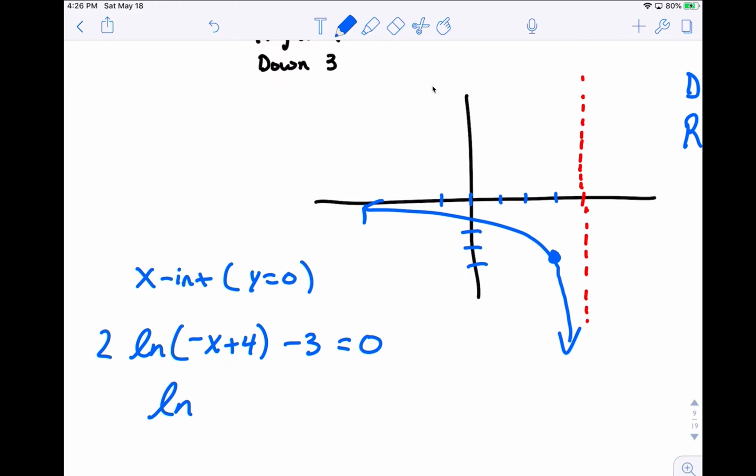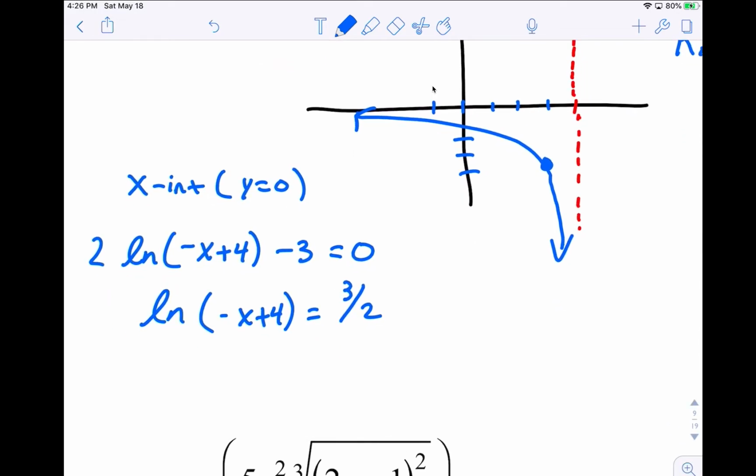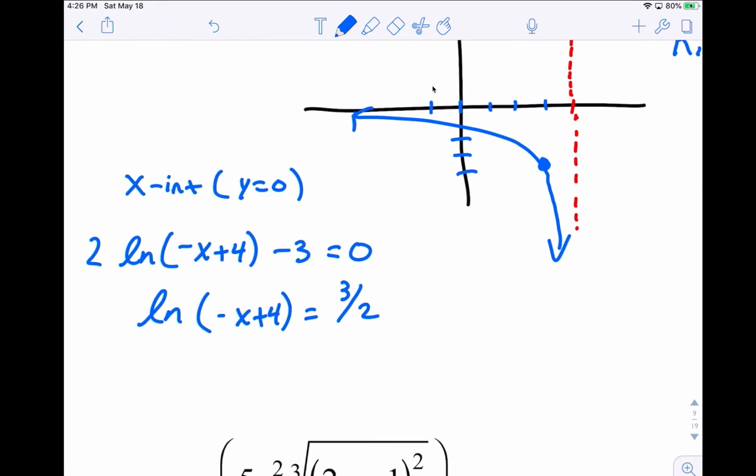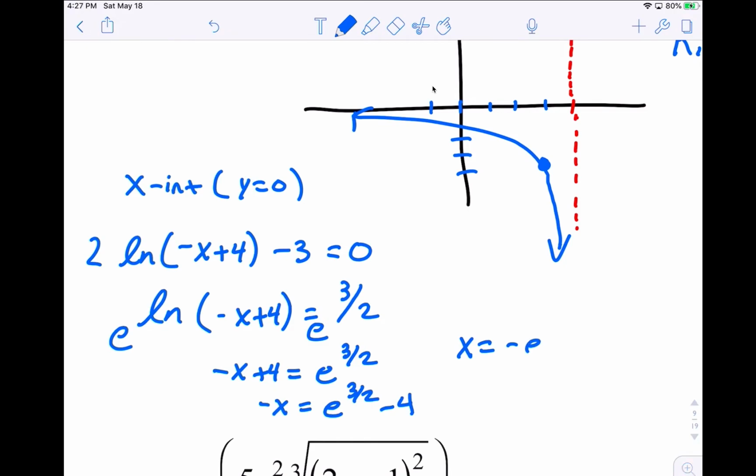So that's going to be the natural log of negative x plus 4 equals 3/2. Right? Add the 3 and then divide by the 2. And then raise both sides with e. So negative x plus 4 equals e to the 3/2. And then divide by the negative 1. So you got x equals negative e to the 3/2 plus 4.